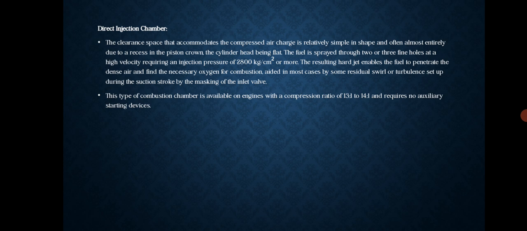The resulting hot jet enables the fuel to penetrate the dense air and find the necessary oxygen for combustion, aided in most cases by some residual swirl or turbulence set up during the suction stroke by the masking of the inlet valve. This type of combustion chamber is available on engines with a compression ratio of 13:1 to 14:1 and requires no auxiliary starting devices.